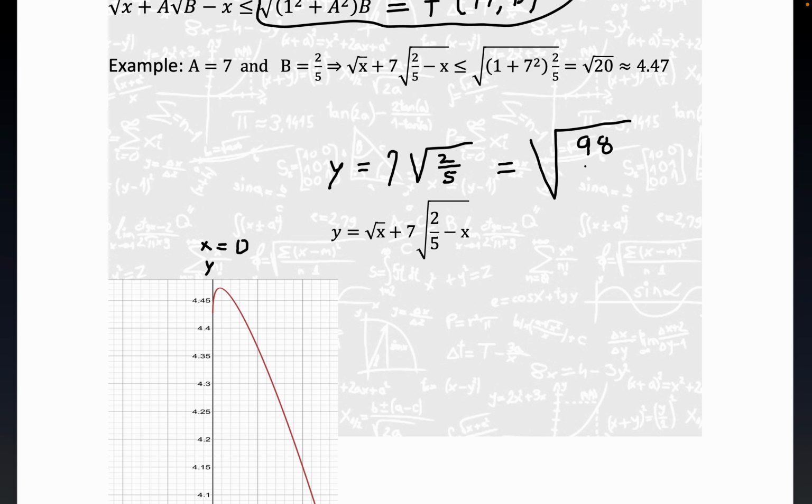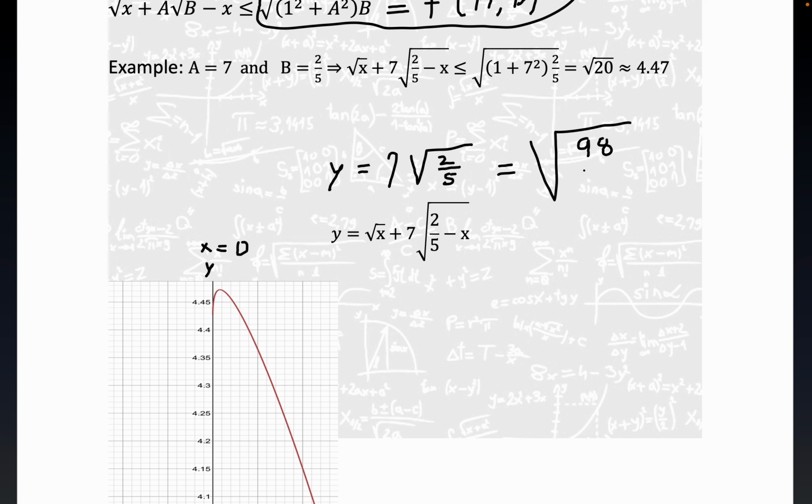But notice that 98/5 is definitely less than 20. 100/5 would be 20. So, as you would expect, this is less than the square root of 20. Pretty cool if you ask me to actually see it. Again, 20 is the same as 100/5.